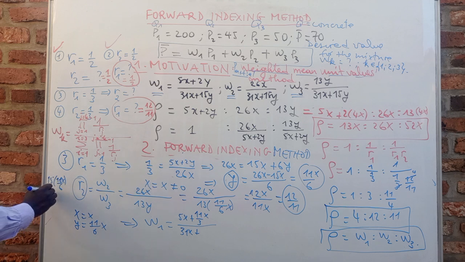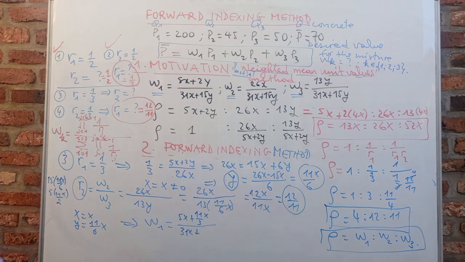Now simplification by 3: divide by 3 is 5, divide by 3 is 2.